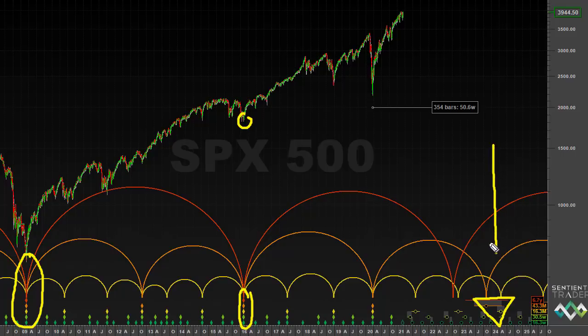This is what is called a nest of lows, where we get a cluster of expected cycle troughs. And they form this sort of triangle standing on one of its points, and that is in about 2024 or perhaps late 2023.